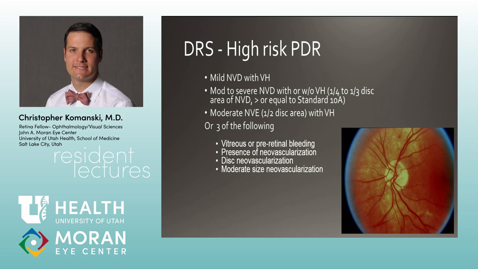Or moderate to severe NVD, a quarter to a third disc diameter or bigger, without vitreous hemorrhage. Or moderate NVE, a half disc diameter or bigger, with vitreous hemorrhage. It says any three of the following, so those are the three I always remembered: vitreous or preretinal bleeding, presence of neovascularization, and disc neovascularization, moderate to severe. I think the top three are what you want to know for OKAPs and boards.